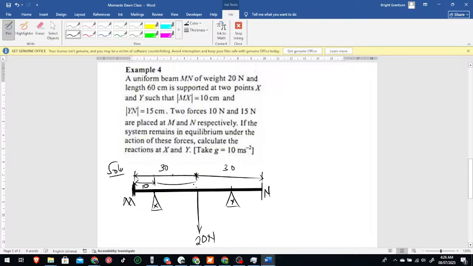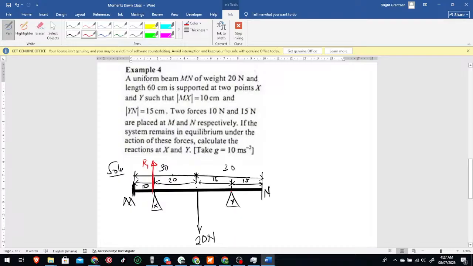So this reaction 1. Mind you, the reactional force is the force perpendicular to two surfaces in contact, right? Now it says the two forces are placed at M and N respectively.